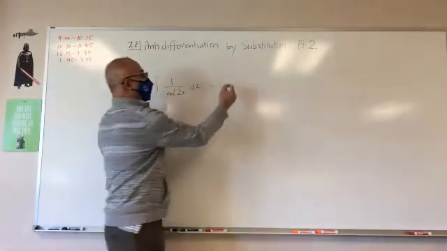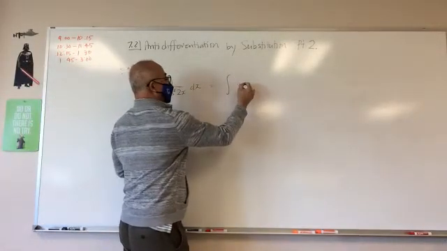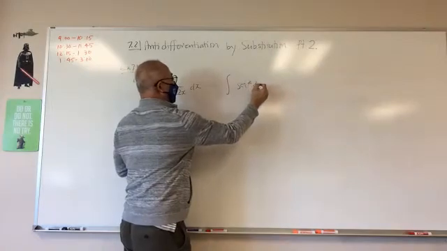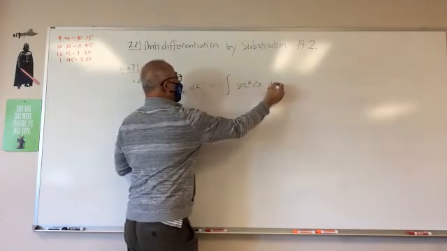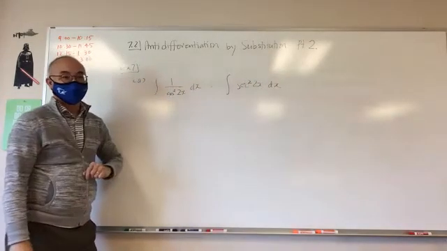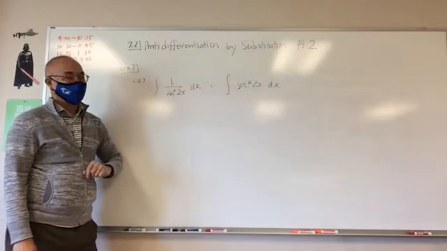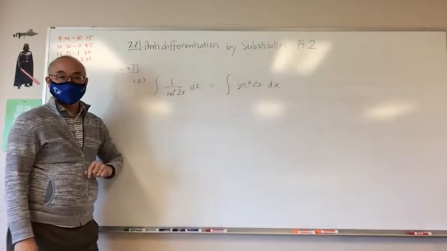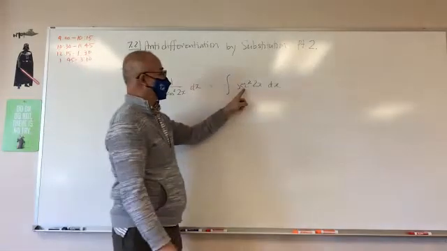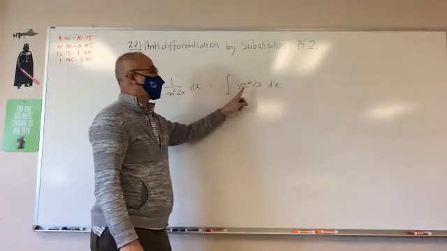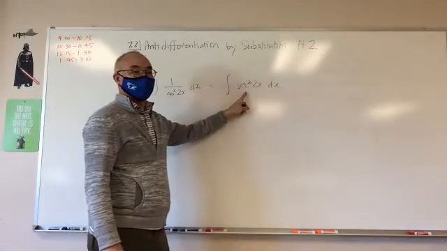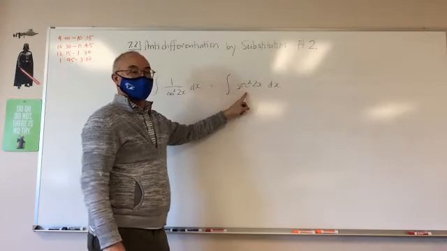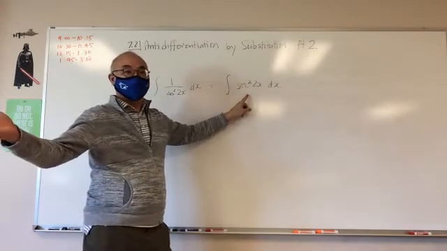But once I make this into secant squared, oh, okay, now I got something going. Because the anti-differentiation of a secant squared is what? Tangent, right?